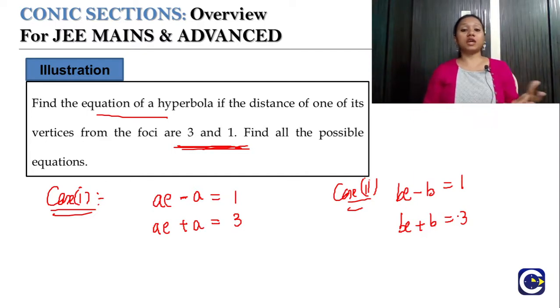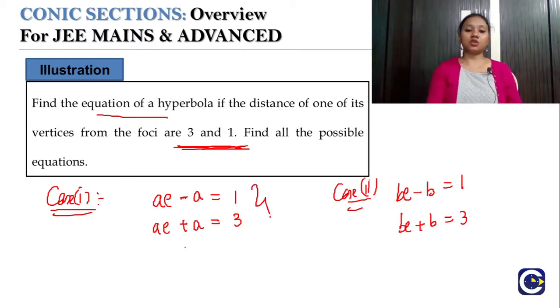This question might be a multiple choice question where you miss by neglecting one case, so you have to take all the possible cases. From these equations, you can find the values of ae. If you can find ae and the corresponding thing, we can find b also. That means using a, e and b, you can write the equation of the hyperbola.